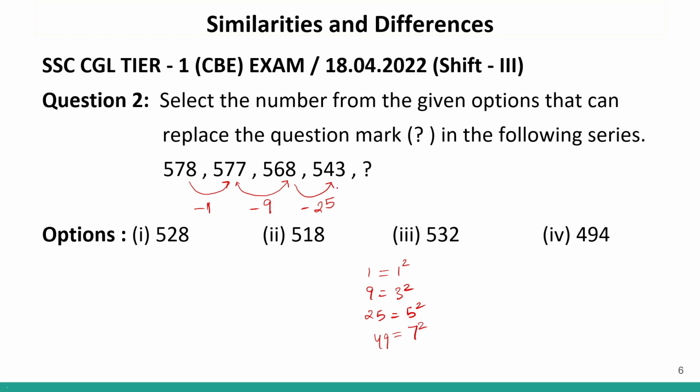So we would have to decrease 49 from 543 to get the next term. So if I decrease 49 from 543, I'll get 494, which is option number 4. So 494 will be my answer to this question.